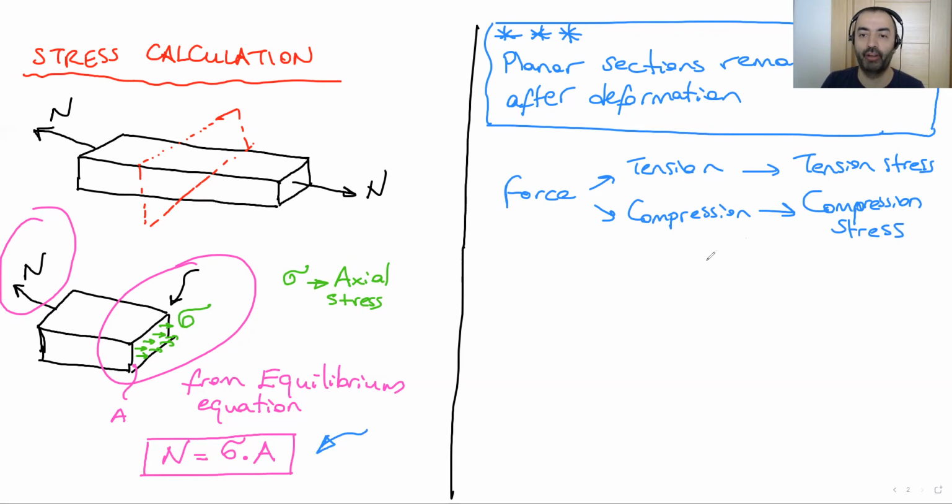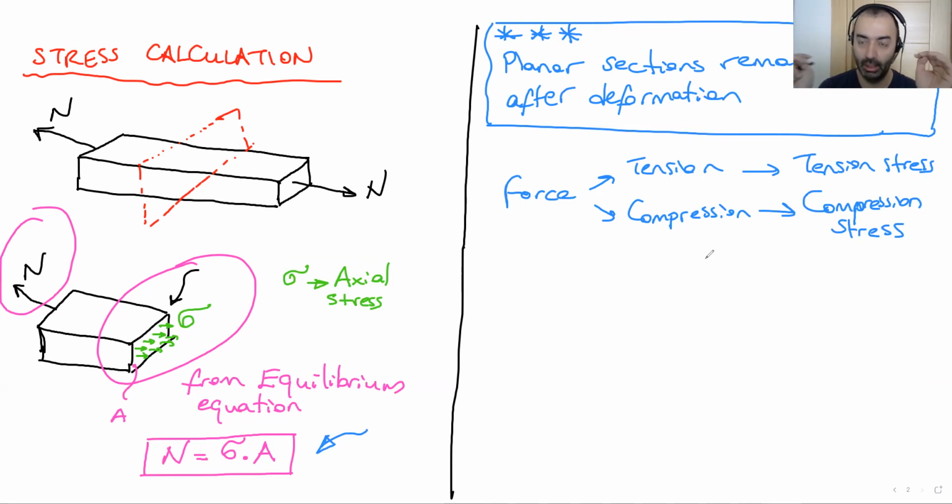While I'm defining these forces, tension or compression, some materials have different allowable stresses for tension and compression. So we can say, oh, it's an axial force, who cares about the type of the force?